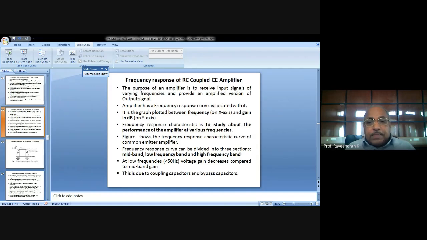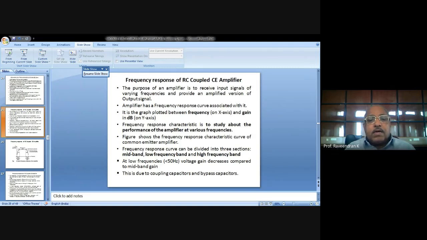But the capacitive reactance offered by the collector base junction is somewhat more than that of the base emitter junction, isn't it? Though both capacitive reactances are very small at high frequencies, the capacitive reactance at the collector base junction, that is reverse biased, will have some more value.